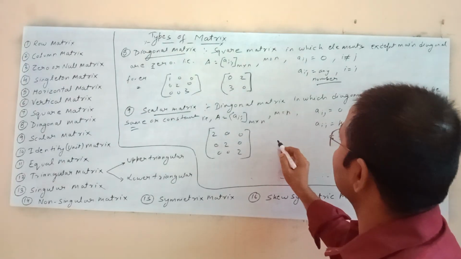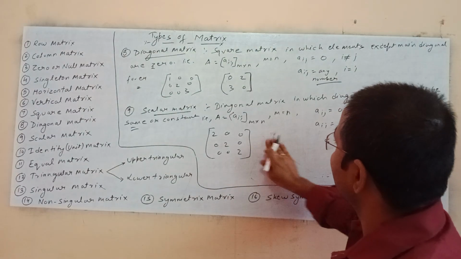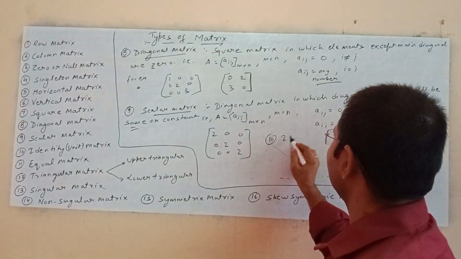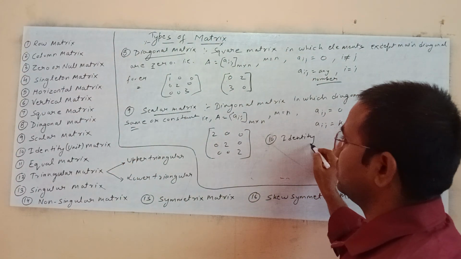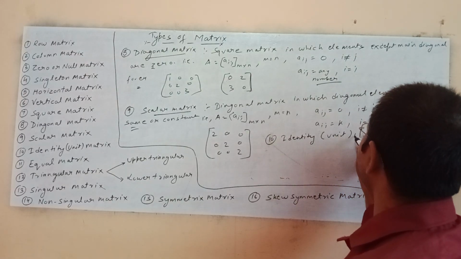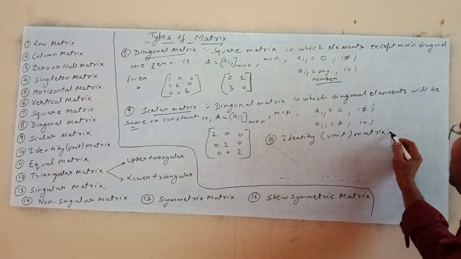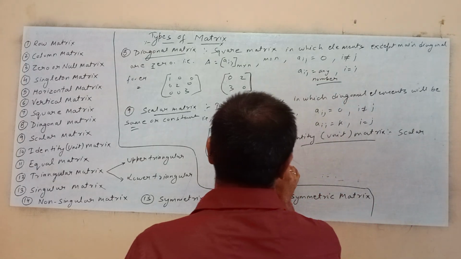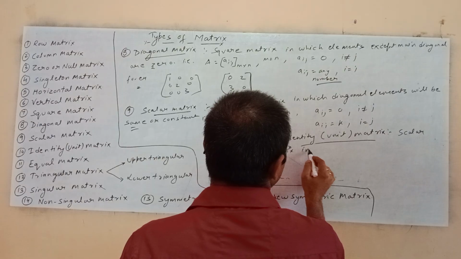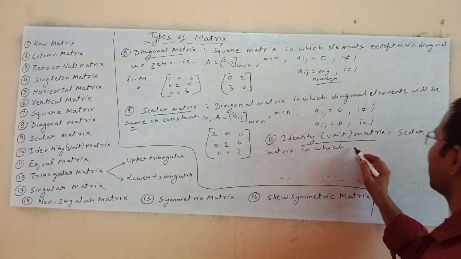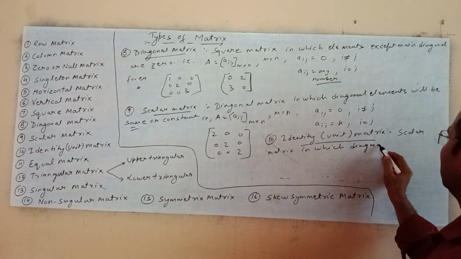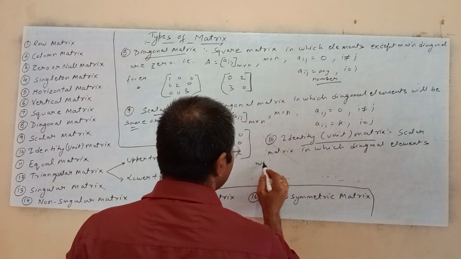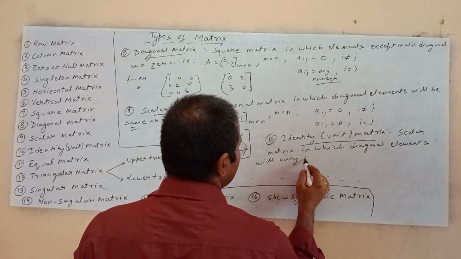Okay, now let us see the 10th one. The 10th one is the identity matrix, also called the unit matrix. An identity matrix is a scalar matrix in which the diagonal elements will be only one.